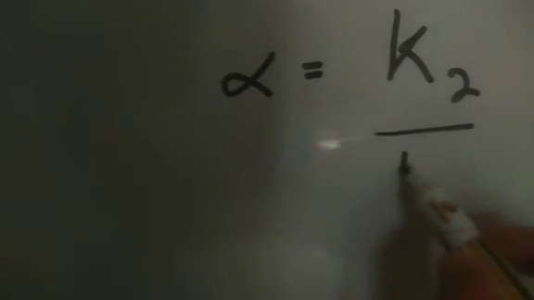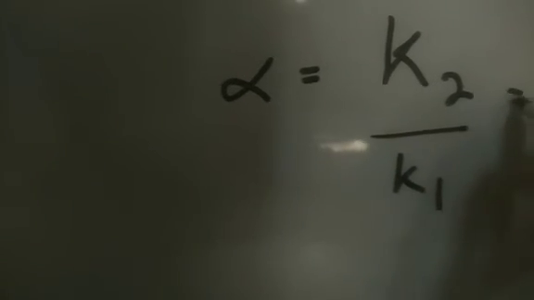Now the selectivity factor is denoted by alpha, and it is usually the ratio of K, the capacity factor, for component 2 to that for component 1. Now if it is 1, that means their interaction is very close, and the peaks are coming together at the same time.